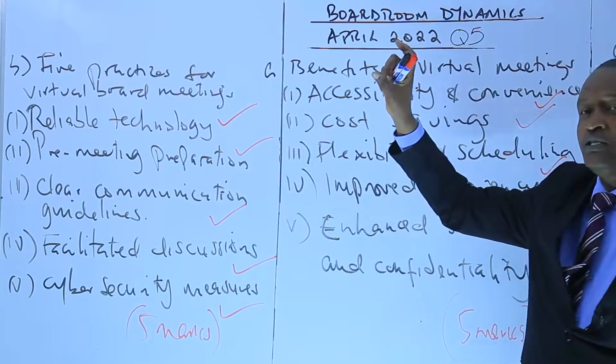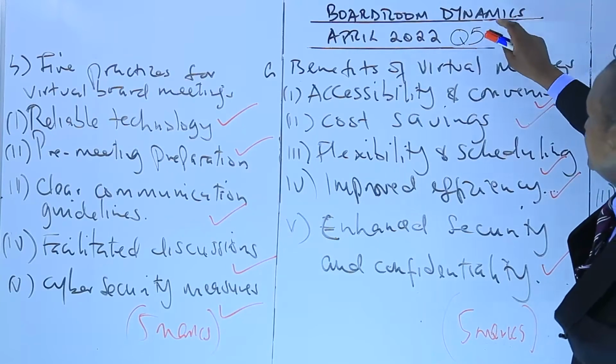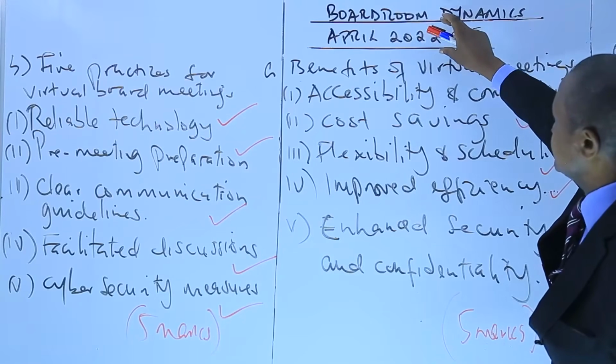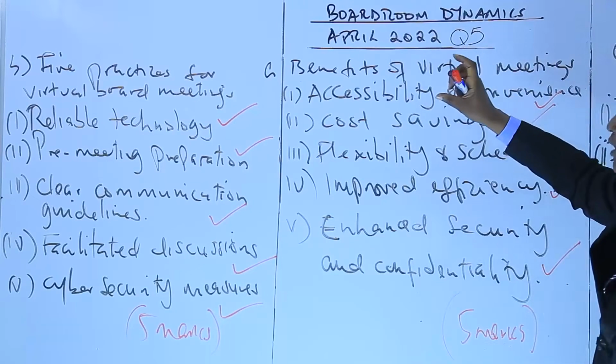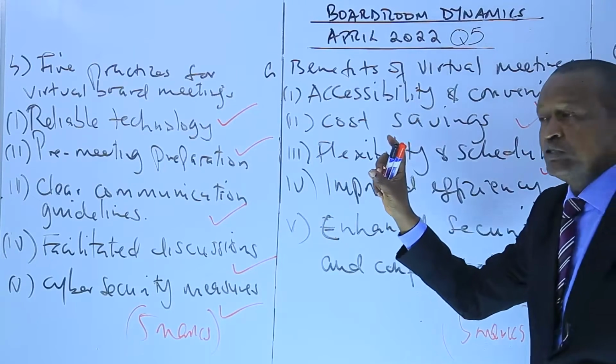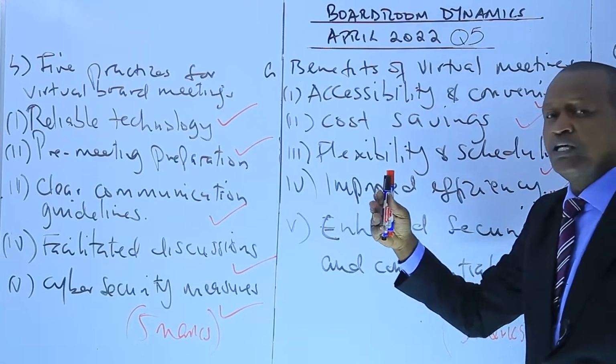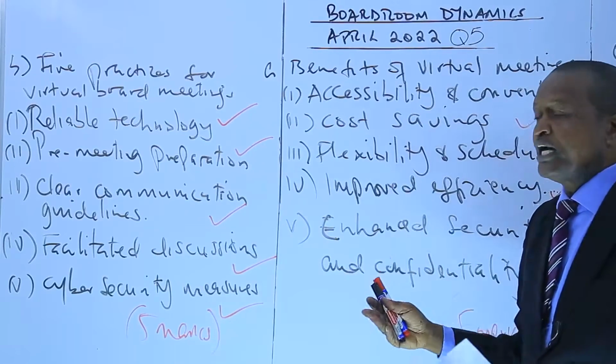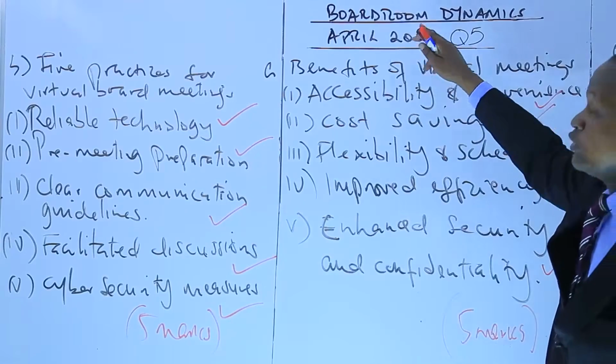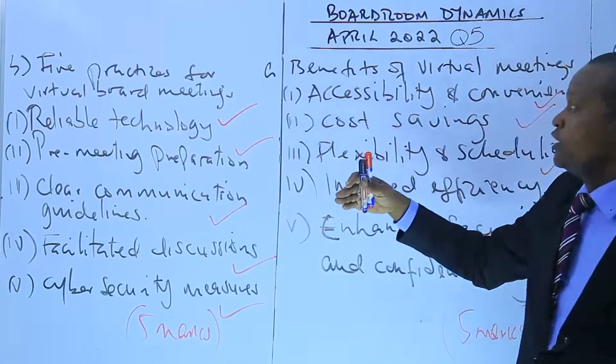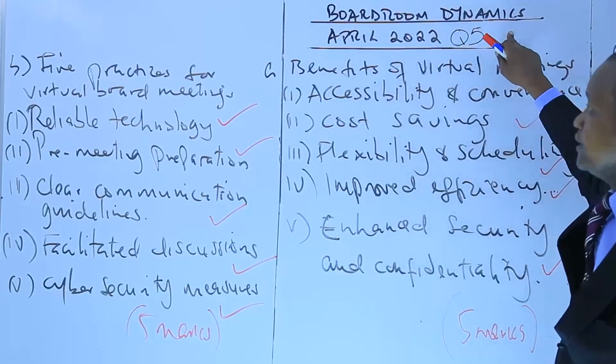The topics in this subject are restricted to the nature of interactions, and also the relationships and behaviors of board members in the boardroom, what we are referring to as boardroom dynamics.